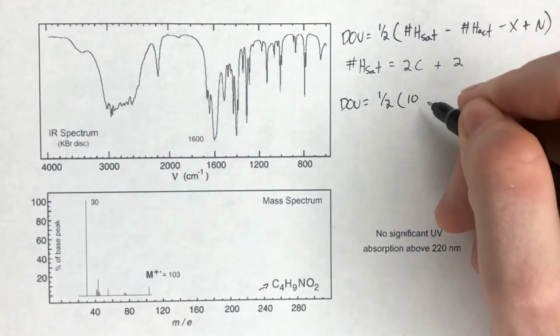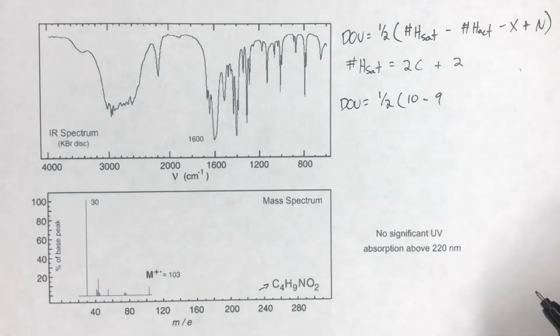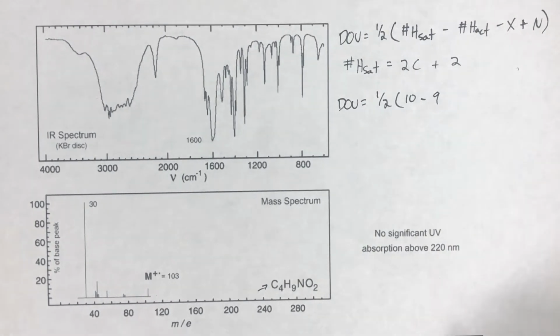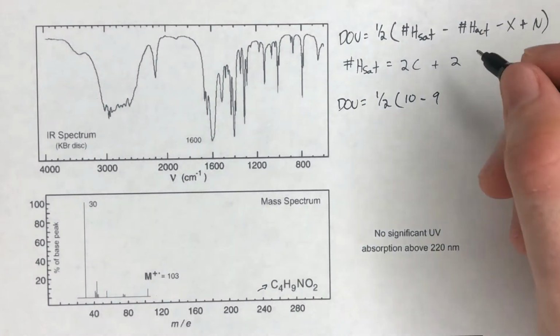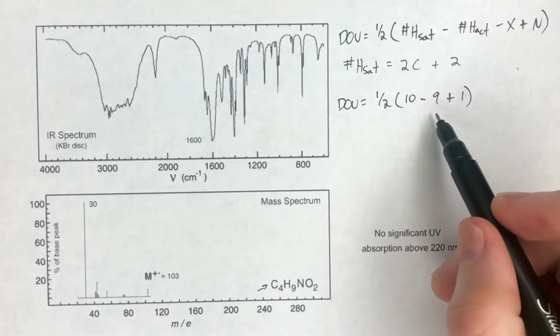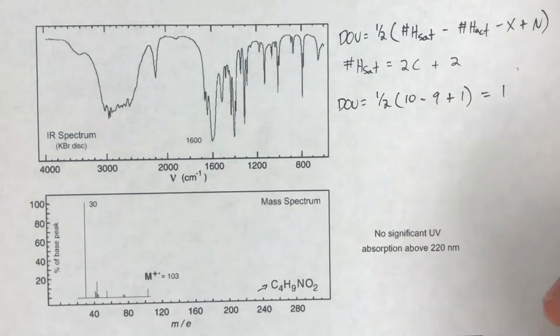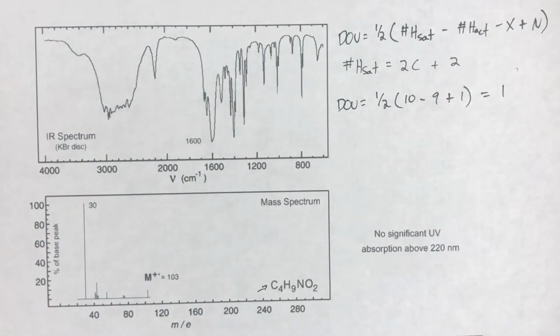Then we subtract how many are actually present, which is 9. Protons that are actually there. There's no halogens, so we don't need to subtract for X, but we do need to add 1 for the nitrogen. So this is 10 minus 9 is 1, plus 1 is 2, divided by 2 is 1. So there is 1 double bond in this structure.